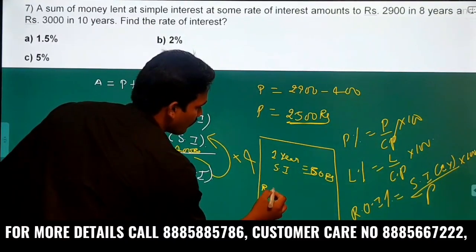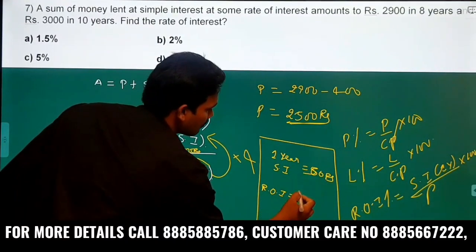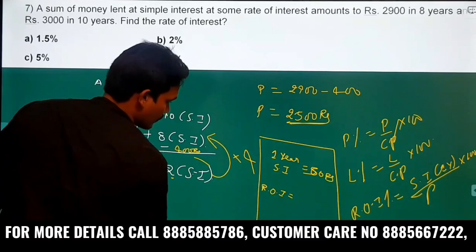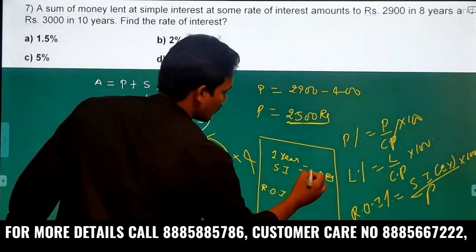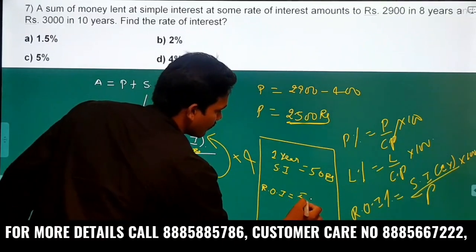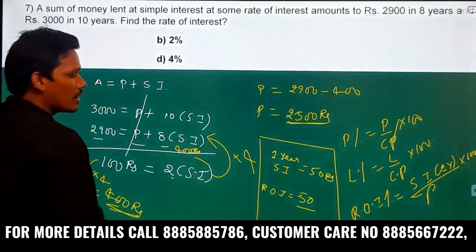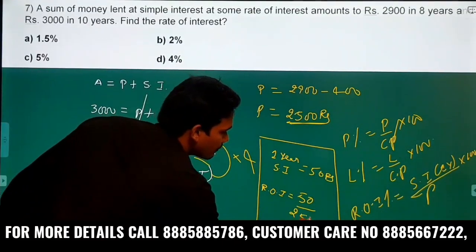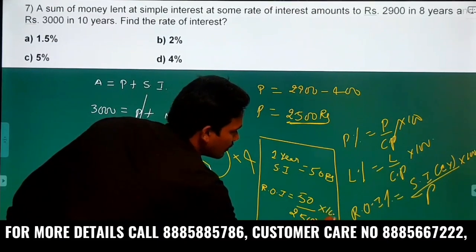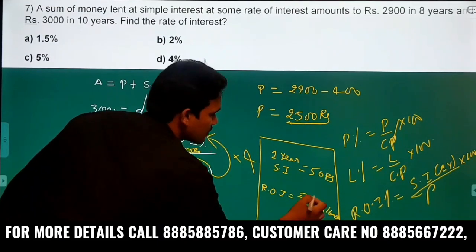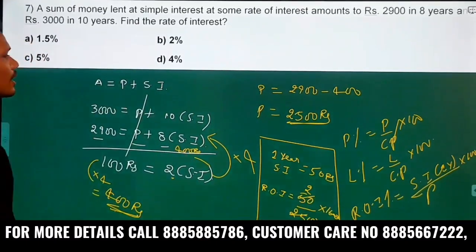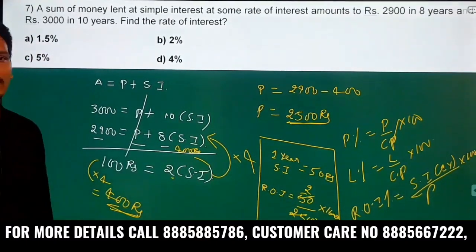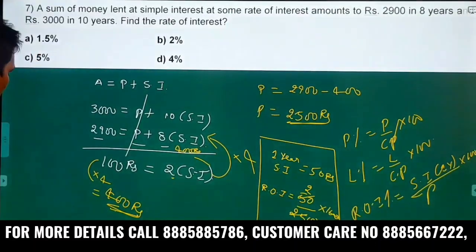So rate of interest can be given as 1 year simple interest, that is 50, by the total principal value, 2500, into 100. So 2 zeros cancel, 25 ones are 25, 25 twos are 50, then rate of interest is 2%, right? Next, we'll go with the next question.